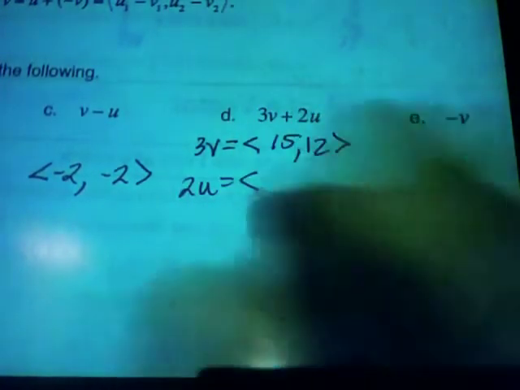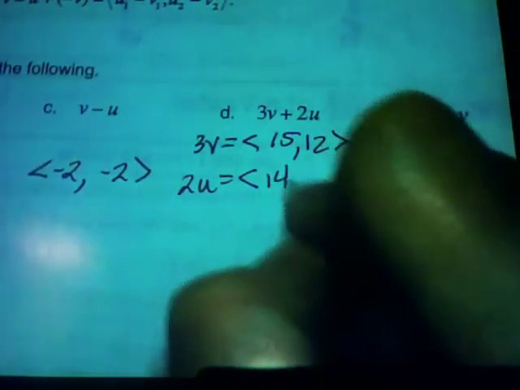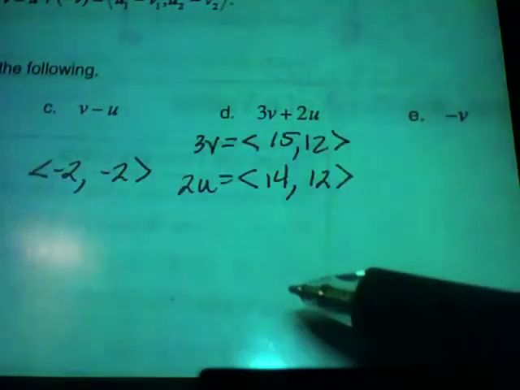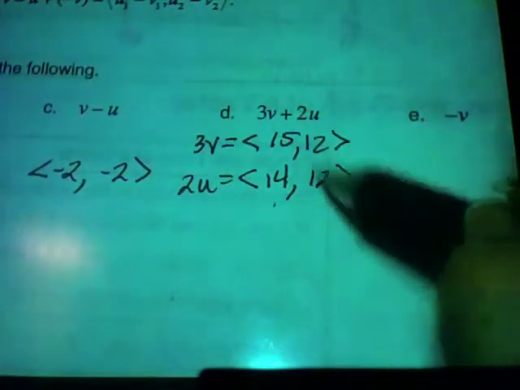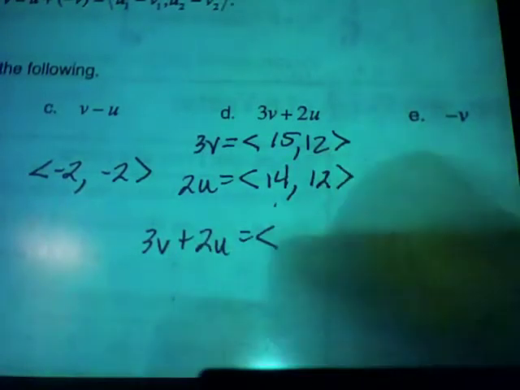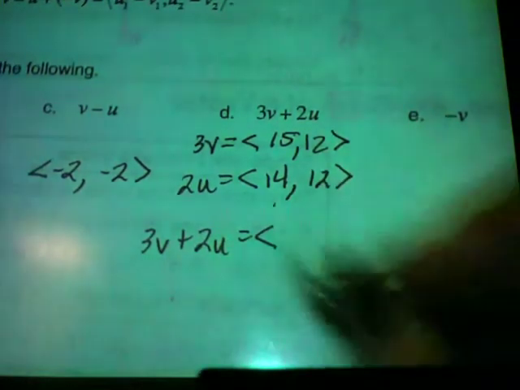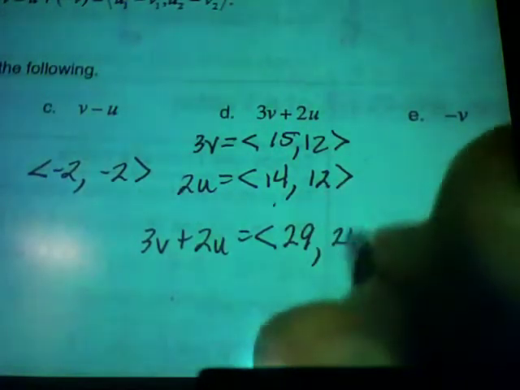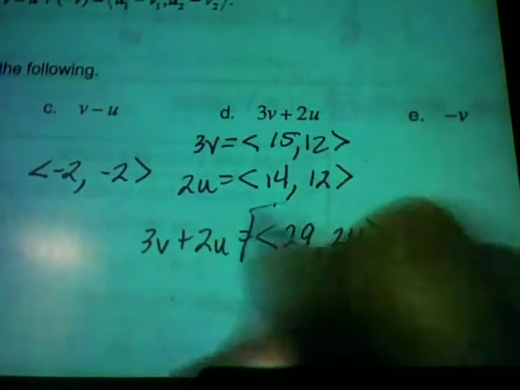And then 2u would equal 14 and 12. I'm just multiplying each of the originals by 2, right? And then if I'm adding these together, can I just add down in columns the way I've written it? So 3v plus 2u is equal to, what's 15 and 14? 29, right? And 12 and 12? 24. Done. So this is your final answer for that one.